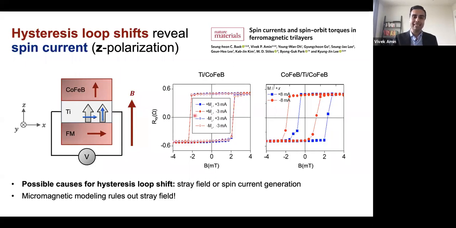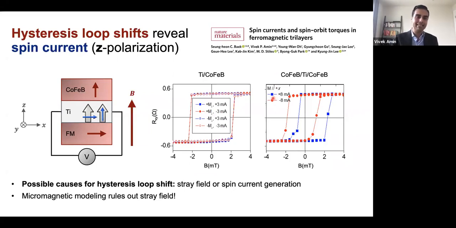The idea is this: by applying a magnetic field out of plane, we can measure the hysteresis loops and see if there's an effect on the hysteresis loop when we turn on an electrical current in the in-plane direction. As you can see from the bilayer, we see no effect, but in the ferromagnetic trilayer, we can actually shift the hysteresis loops depending on whether we turn on an electrical current. And so there are a couple of explanations for why this could be happening.